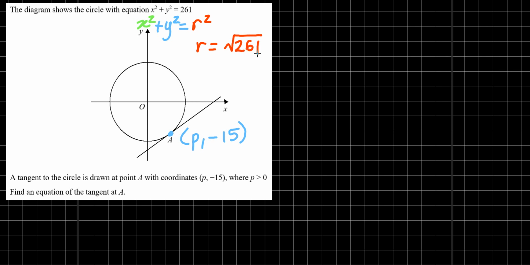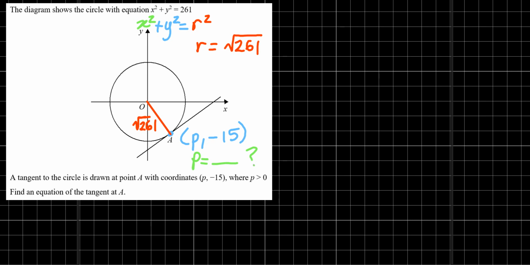If I draw a line from the origin up to here, that line is going to be the square root of 261. Now I don't know what p is.